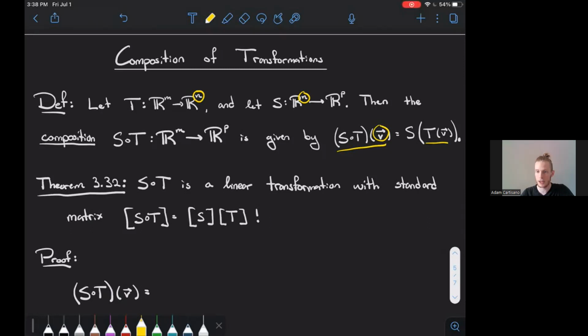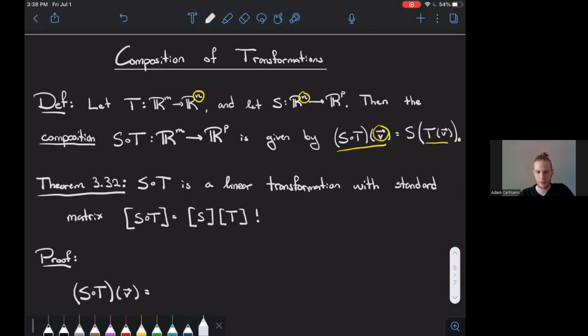Remember, T of v lives inside of Rn, and S takes in input vectors from Rn, and it outputs vectors into Rp. Okay, we'll do an example of this in just a moment. Don't worry.